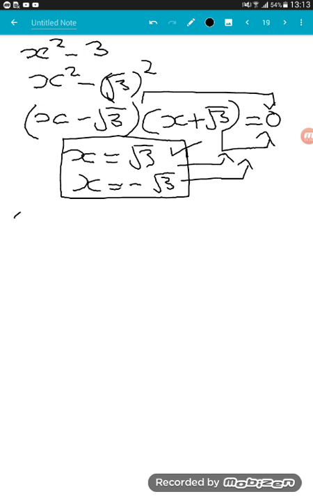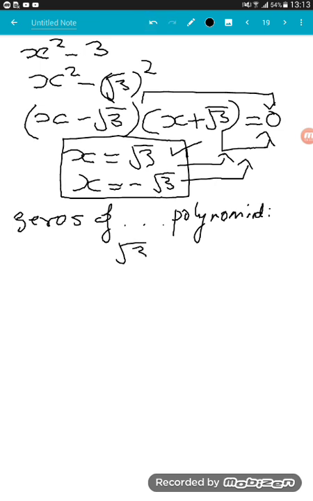The zeros of the polynomial are nothing but root 3 and minus root 3.